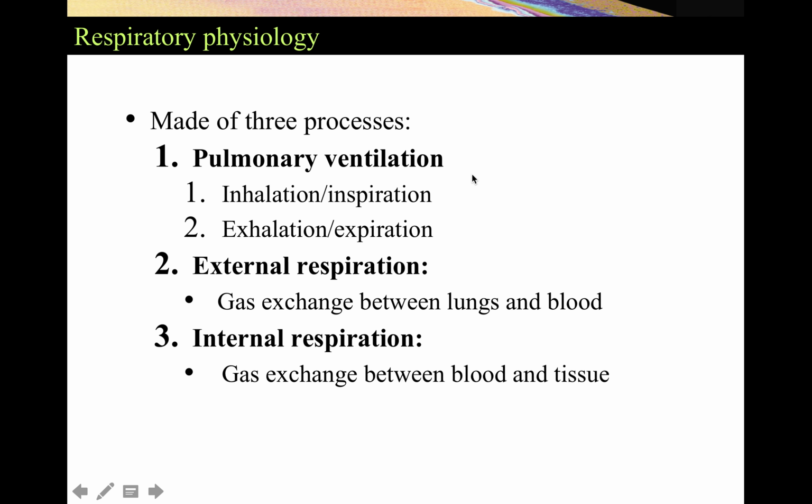Now, if you recall, we talked about the functions associated with the respiratory system. This is on the first slide of this PowerPoint. We talked about ventilation. Ventilation is broken down into inhalation and exhalation. You have external respiration, which is basically the gas exchange between your lungs and your blood, and I'll talk about that in more detail later on.